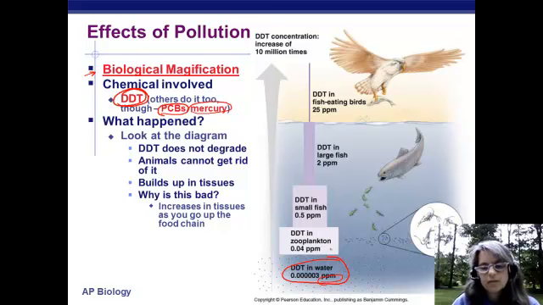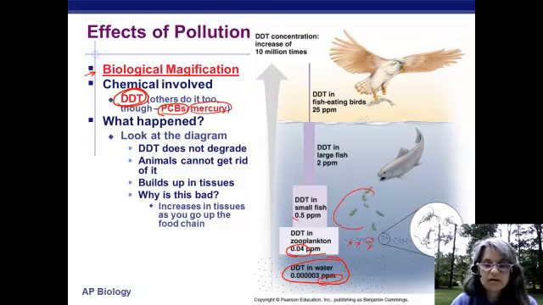But the plankton in the water, as they are feeding, end up consuming some DDT. And it doesn't degrade once it gets in their tissues. It simply builds up and builds up until all of a sudden, look, we're at 0.04 parts per million locked up in the tissues of the zooplankton. Well, when small fish eat the plankton, they eat a bunch of plankton and this DDT builds up in them.